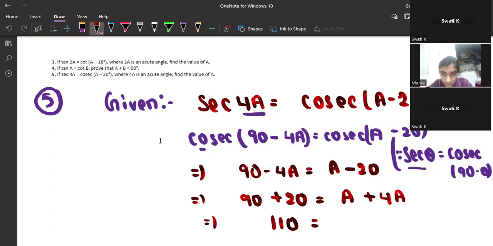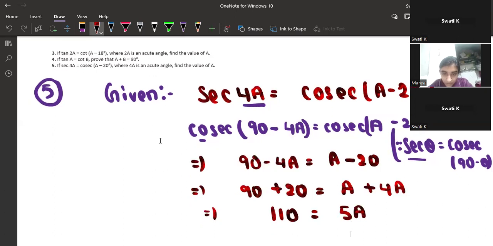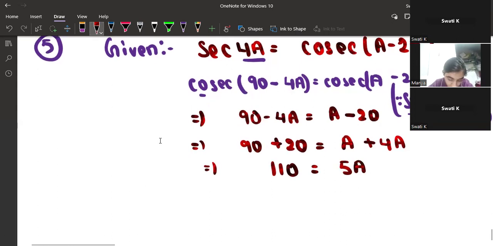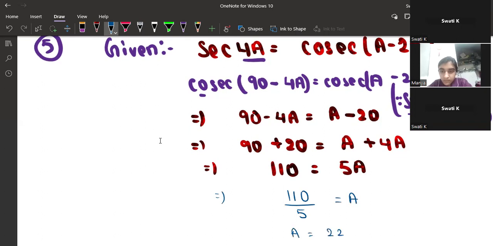Very good. Now what is the value of A? 22. Very good. That is correct. So it will get divided, and the value of A is 22 degrees, and we are done because that is what we wanted to find.